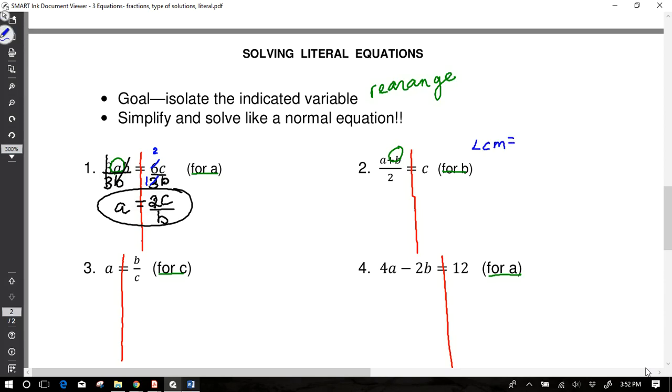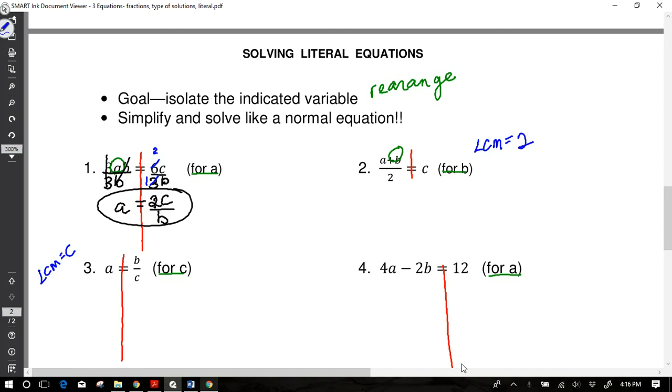Even if the least common multiple is a variable, when we're dealing with literal equations and formulas, oftentimes there is a variable in the denominator. For example, even in number 3, you can see the letter C is in the denominator. But for this one, the least common multiple is going to be a number. All right. So my LCM for number 2 is a 2.